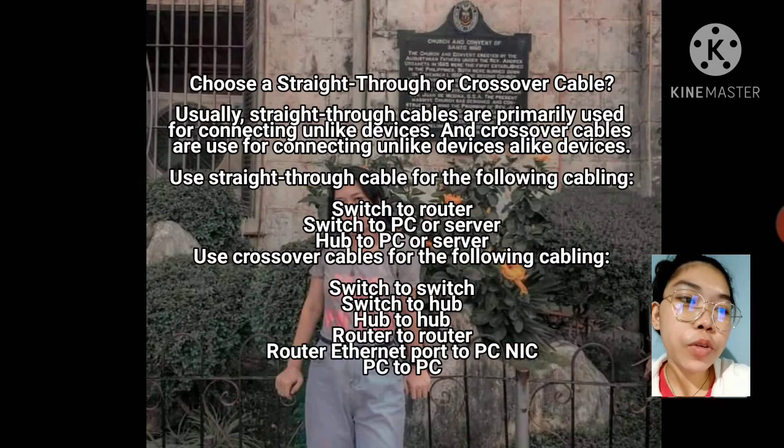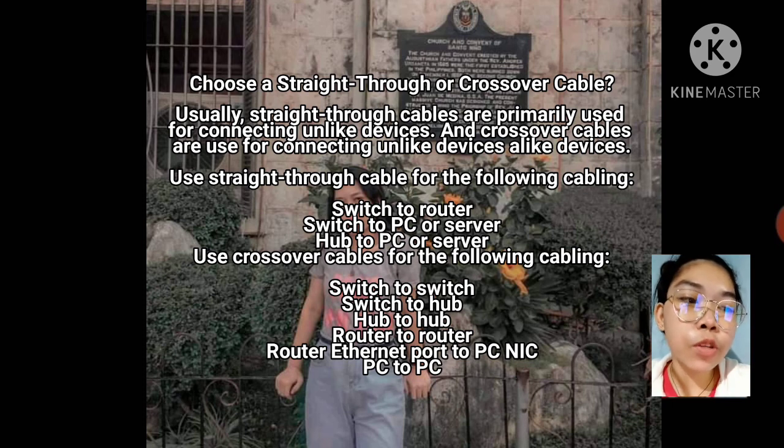Choosing a straight-through or crossover cable. Usually, straight-through cables are primarily used for connecting unlike devices, and crossover cables are used for connecting like devices. Use straight-through cable for the following cabling: switch to router, switch to PC or server, hub to PC or server.